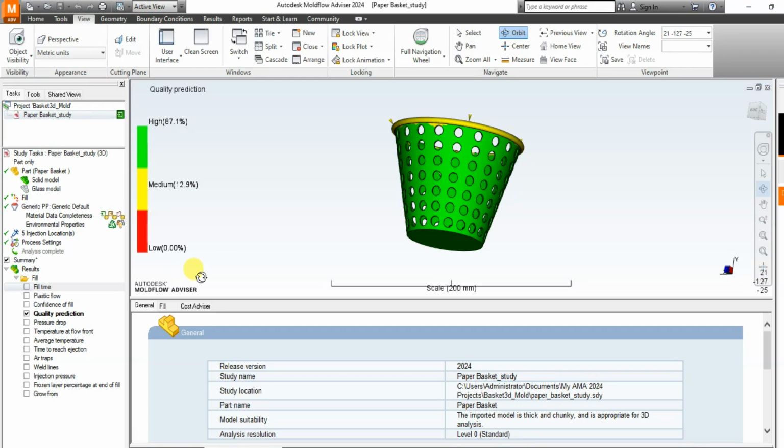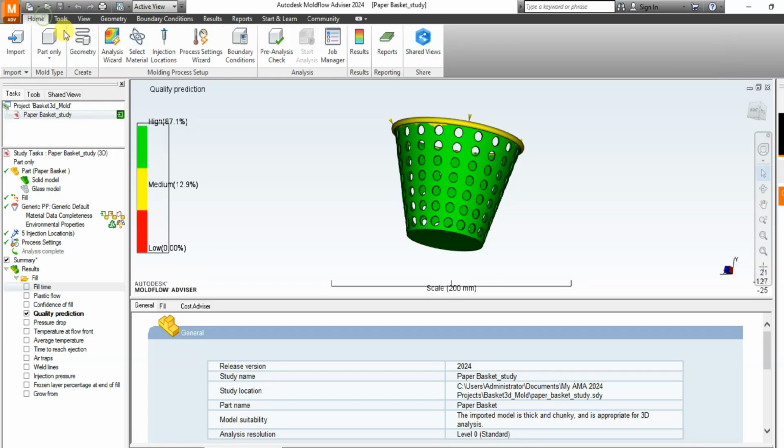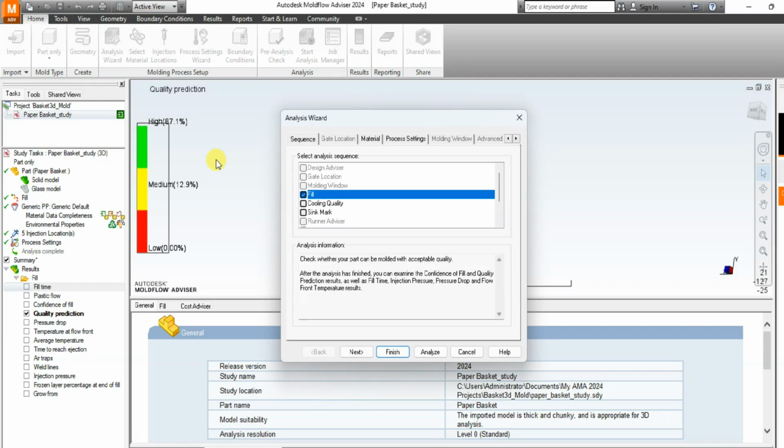Now there is also a way which you can improve the quality result. The quality prediction result shows that there is a problem with an area of the mold, and provides some sort of measure of the surface quality of the finished part.